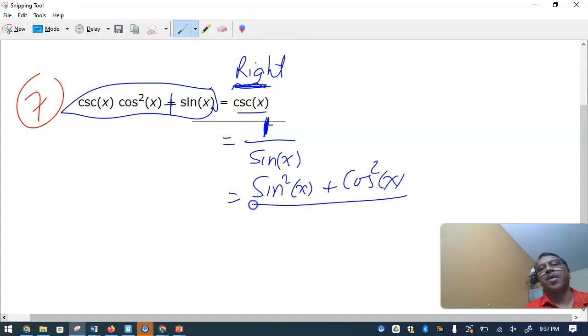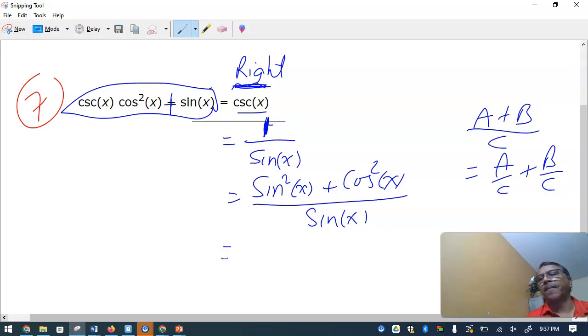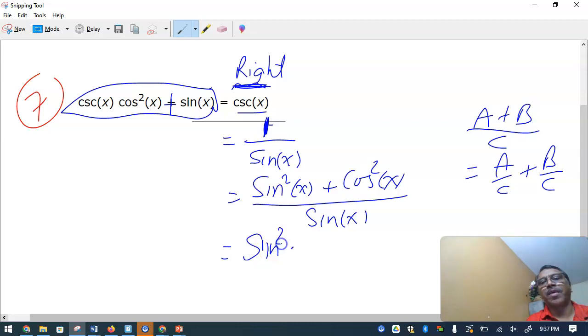Then you can distribute the denominator for both: if you have a plus b over c, write it as a over c plus b over c. So we can write this as sine square of x divided by sine x plus cosine square of x divided by sine x.